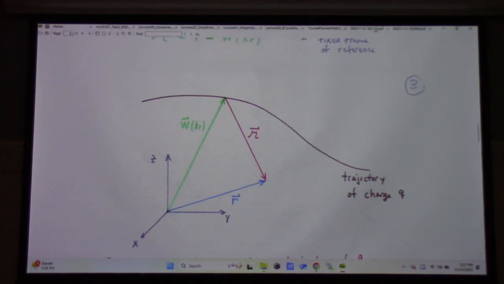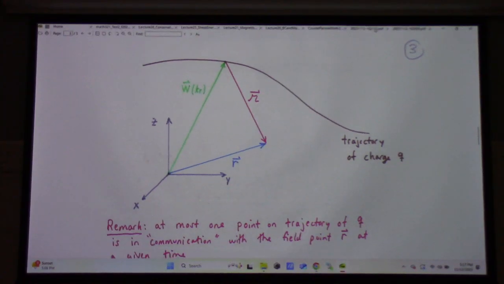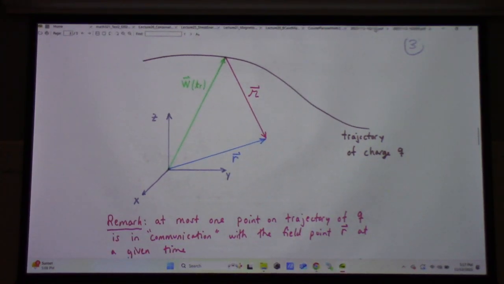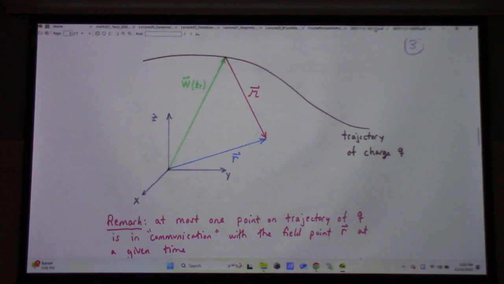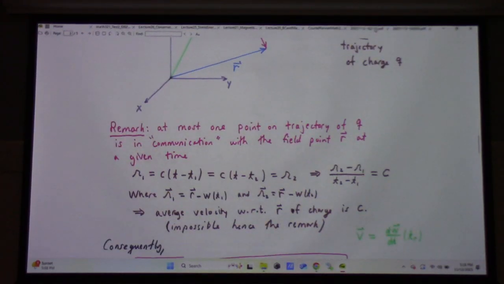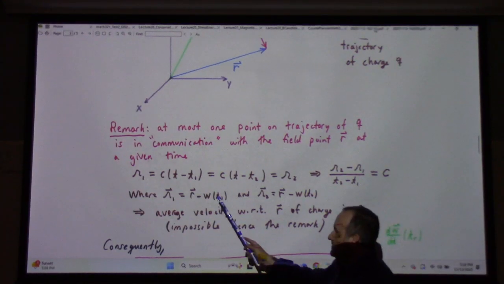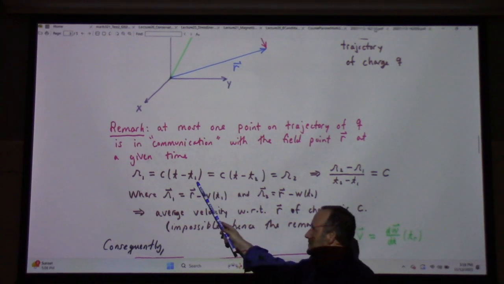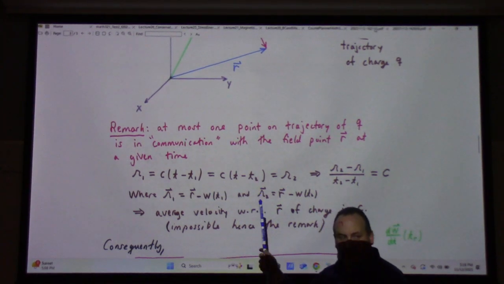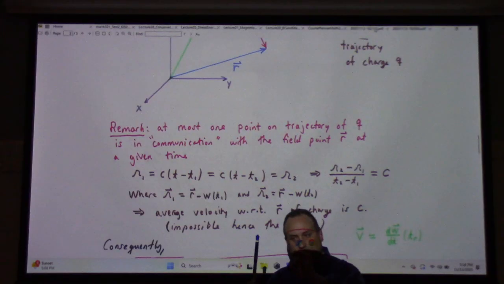Here's a bigger picture of the same thing. One of the things he points out is that there's at most one point on the trajectory of Q which is in communication with the field point at a given time. Suppose there were two points. You'd have R1 is c times (t minus t1), and it's also c times (t minus t2), where these are the two different times on the trajectory that both meet the same event to measure the field.